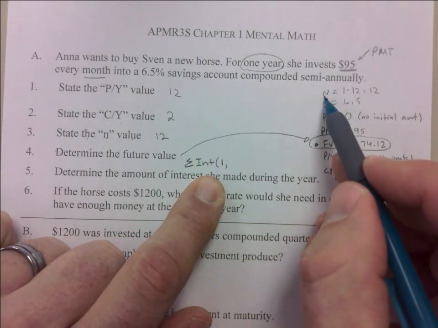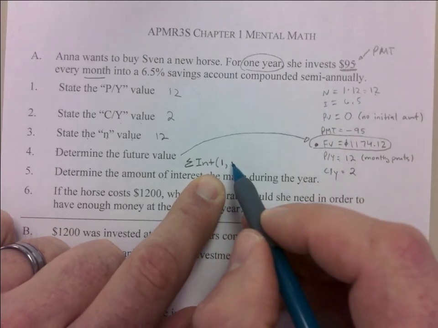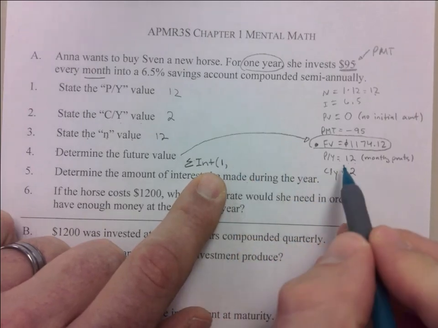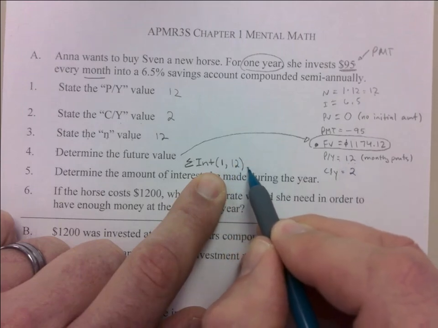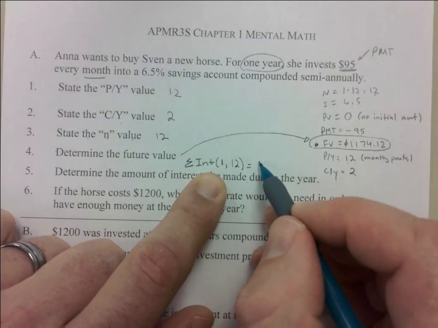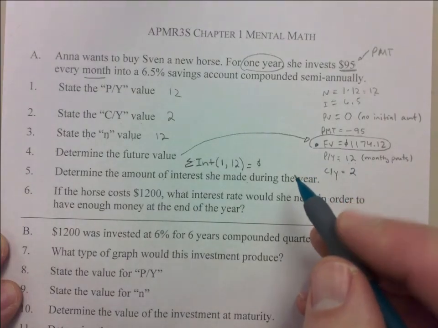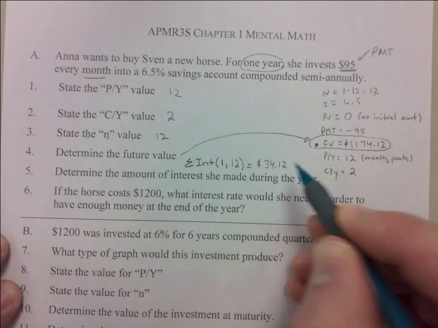If you want all of the interest, just go look at n. It's going to be 12. Or you just go, how many years are we talking about? 1 times PY, which is 12. So regardless, in this case, it's 1 to 12. And you get $34.12. So not a whole lot.